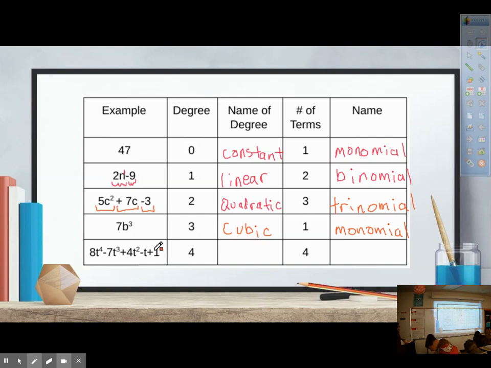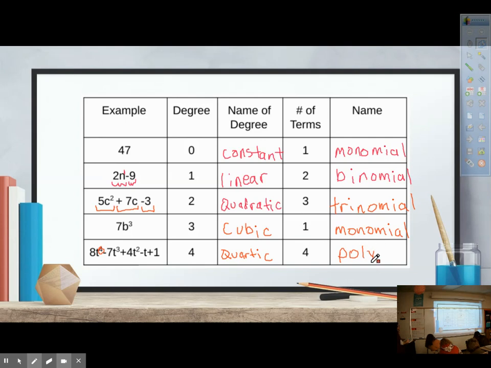And then for this one here, the highest degree we have is 4. So the degree is 4, and that is called quartic, Q-U-A-R-T-I-C. You've heard of a quart: 4 quarts in a gallon, 4 quarters in $1. That's quartic. And there's no special name when it has 4 terms, so we just call it a polynomial.